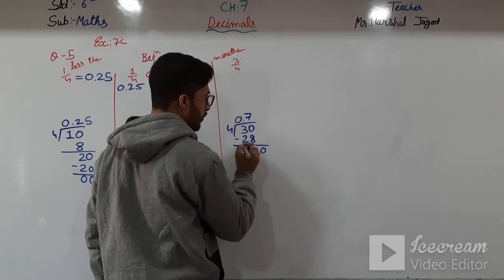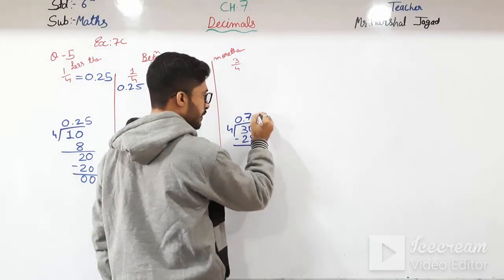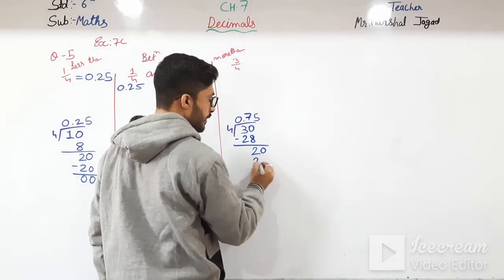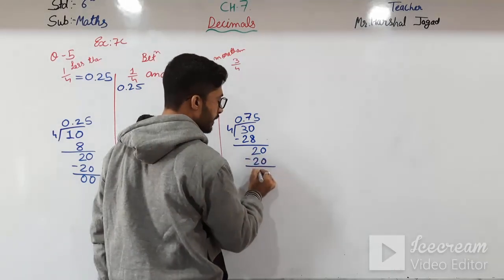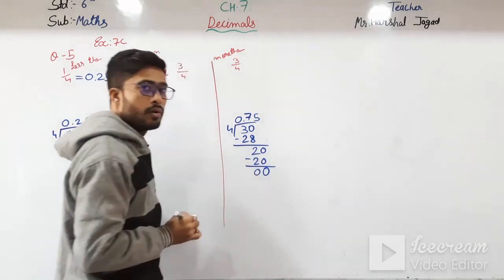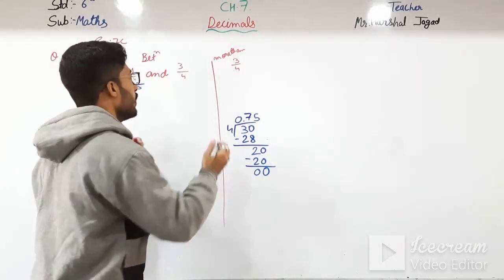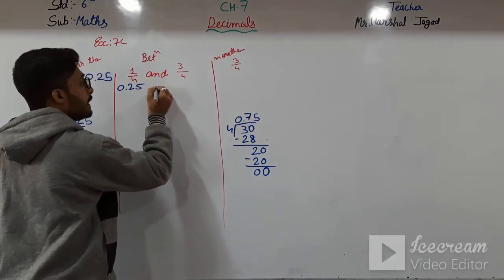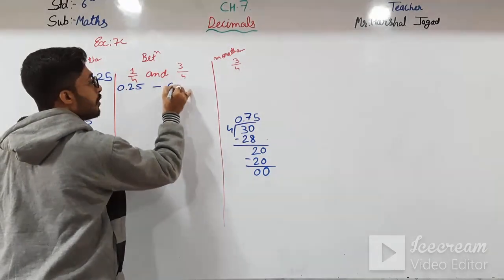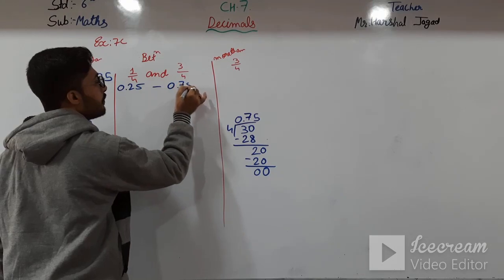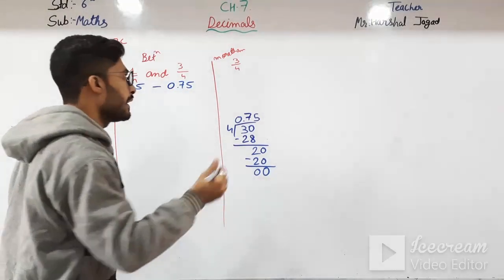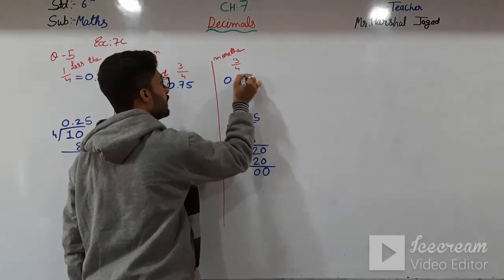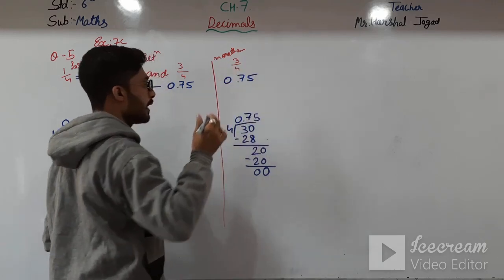So putting a 0, 4 5s are 20, so here it is 0. So between 0.25 and 0.75, and here more than 0.75.